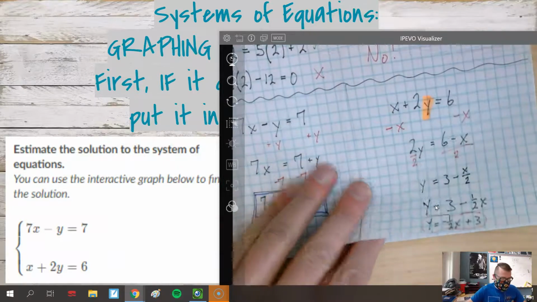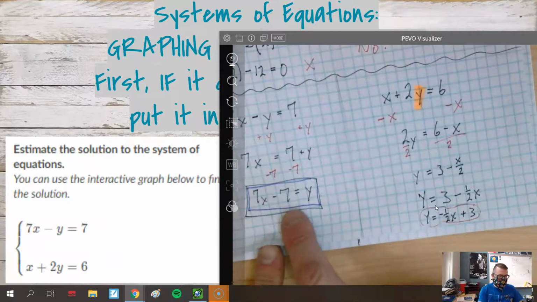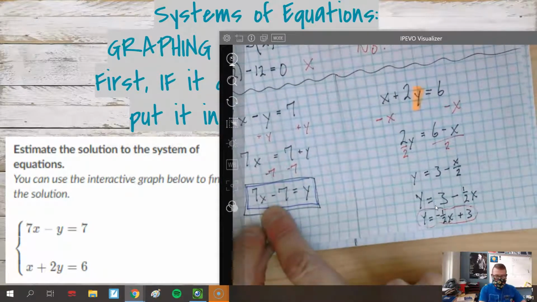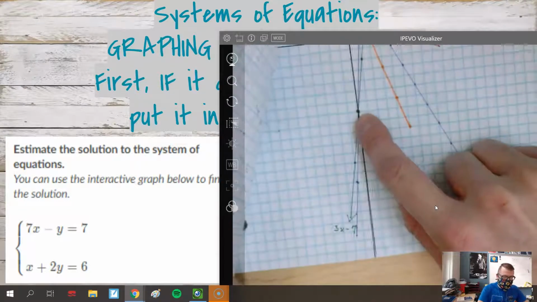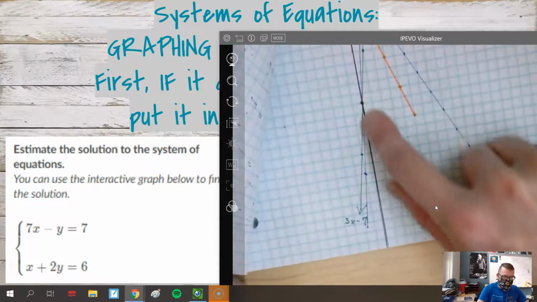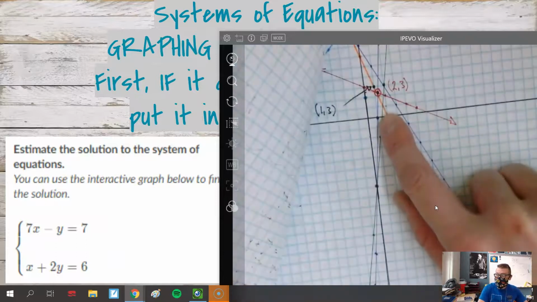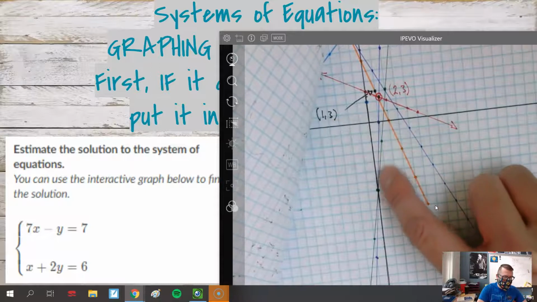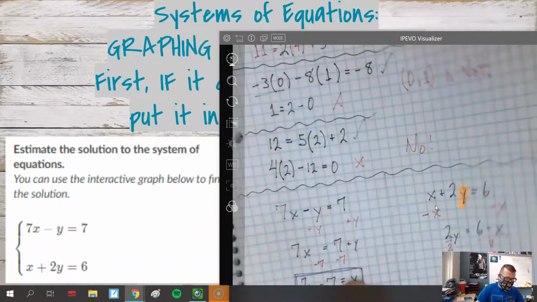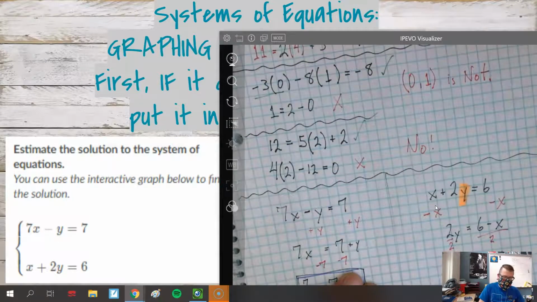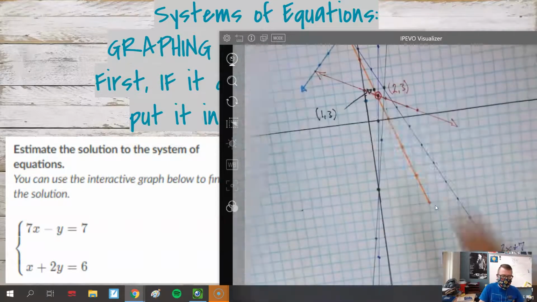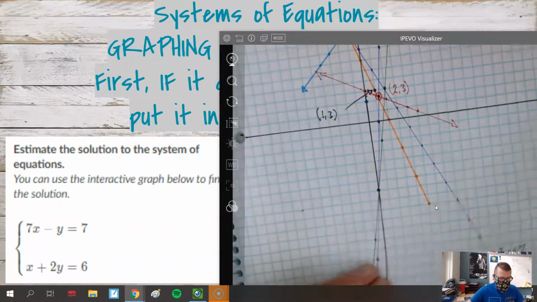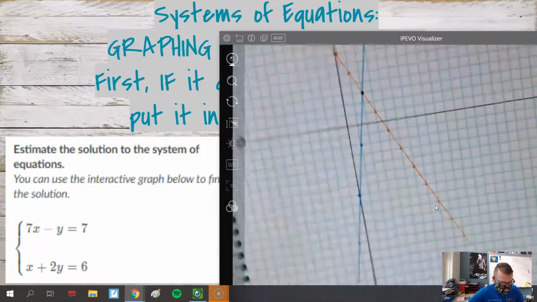So then these lines, negative 7 with a slope of 7x, that is my purple line right here. It starts at negative 7, goes up by 7. I'm going to regraph it, but notice how close it is to the other line. And then our y-intercept of positive 3, slope of negative 1/2, that's going to go down. So I'm going to regraph both of those on my new graph.